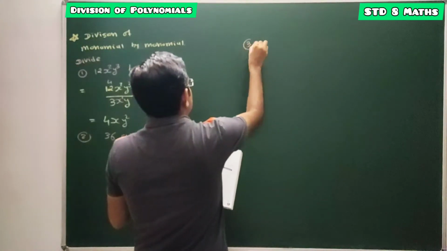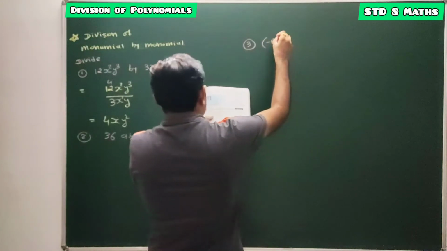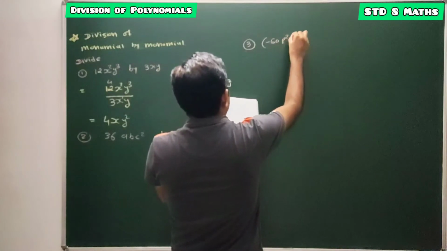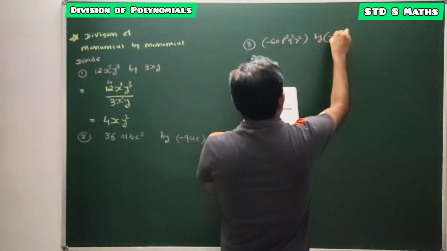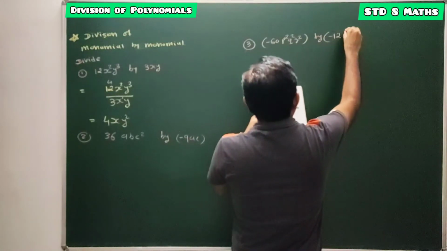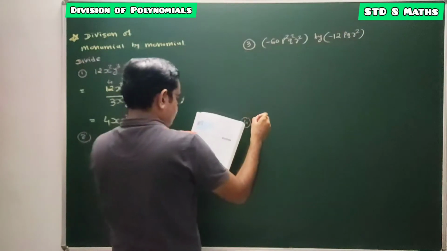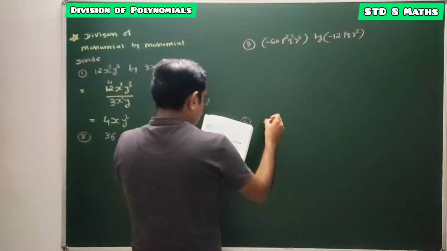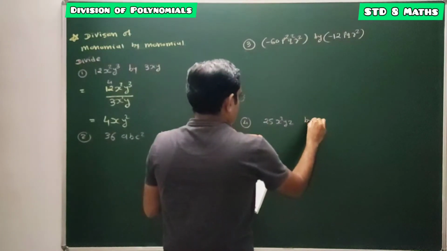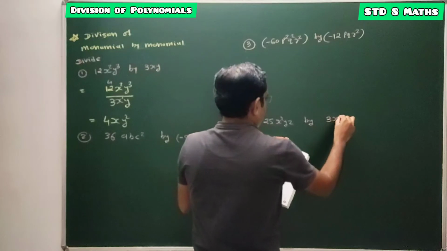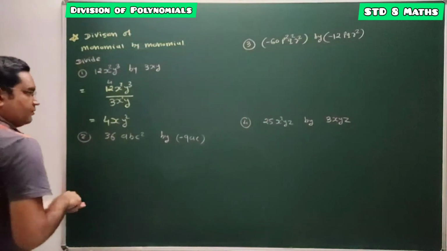Third sum, in which you have to divide minus 60 p square q square r square by minus 12 pq r square. And fourth sum, in which you have to divide 25x square yz by 3xyz. Let's solve all the sums one by one.